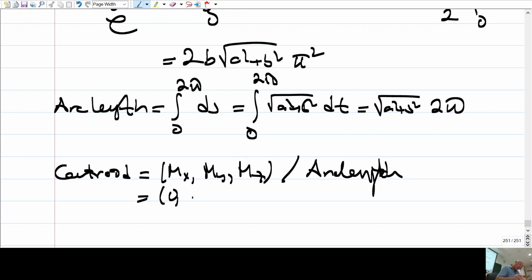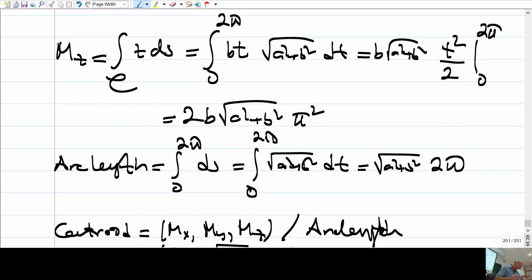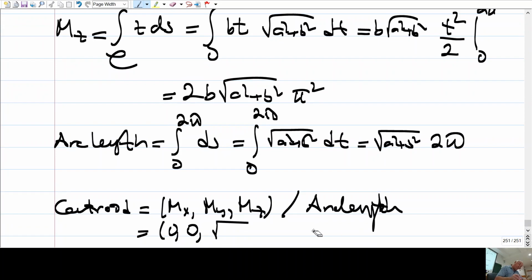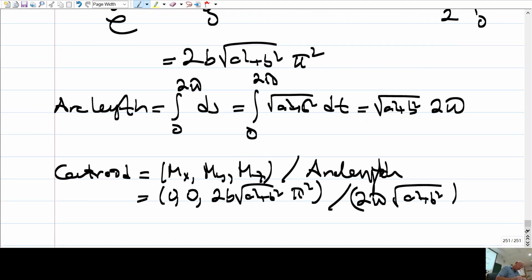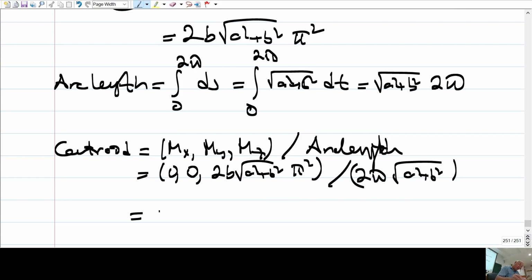So it is 0, 0, and this is neydi? Mz, 2 pi squared b times square root of a squared plus b squared, divided by 2 pi times square root of a squared plus b squared. You divide by this constant, so you get 0, 0.